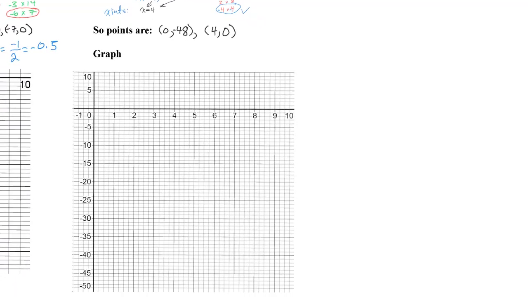All right, so we have 4, 0. I'm just going to plot that on my graph. And then we also have 0, negative 48, which is down here. If you have a point that doesn't cross, there aren't two points, I'm going to give you a big hint.